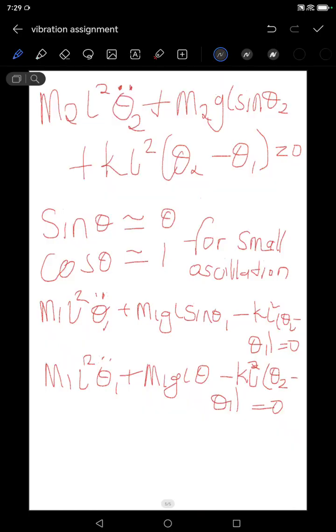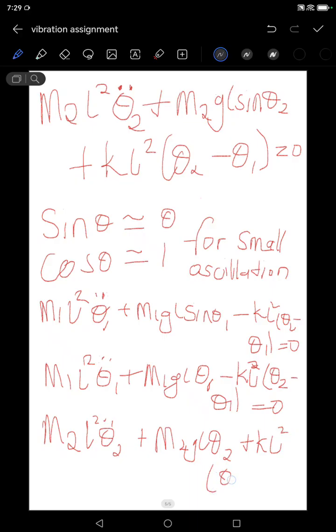And then our second equation is going to be m2 l squared theta 2 double dot plus m2 gl, and instead of sine theta 2 we're going to write theta 2, plus kl squared (theta 2 minus theta 1) equals 0.